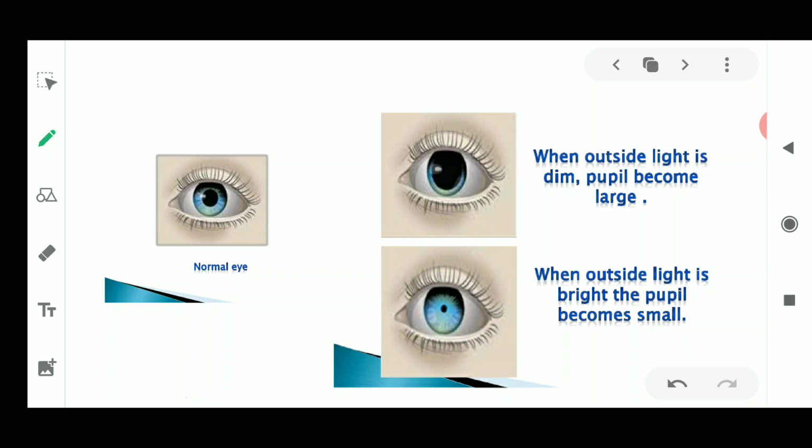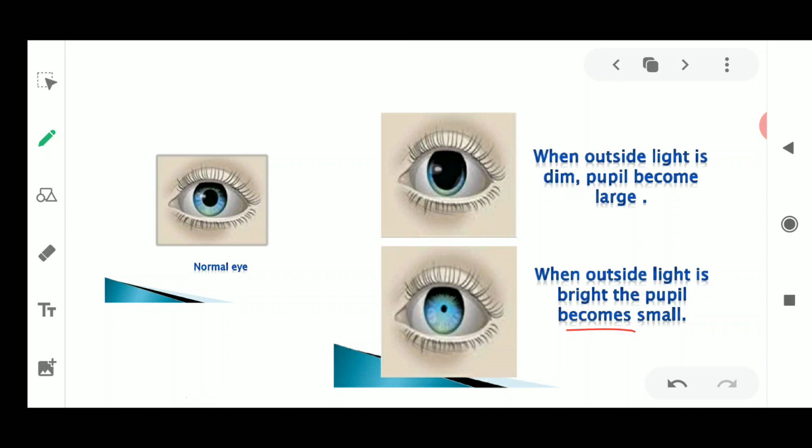Now what happens when you move into a dark room from outside where the sun was present? During the sunlight, your pupil becomes small, as bright light is present and the eye does not require much light, so the pupil shrinks.